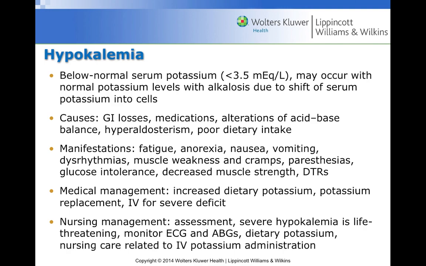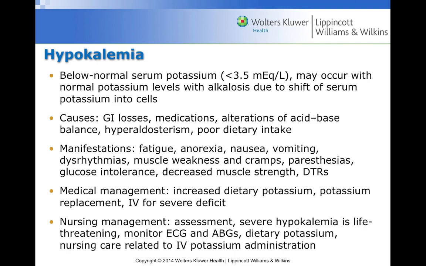Also included are whole natural fruit juices. When dietary intake is inadequate for any reason, oral or IV potassium supplements may be prescribed. Many salt substitutes contain about 50 to 60 milliequivalents of potassium per teaspoon and may be sufficient to prevent hypokalemia.